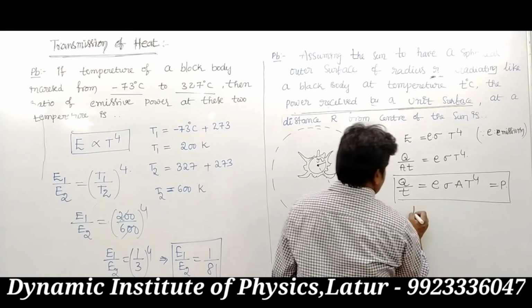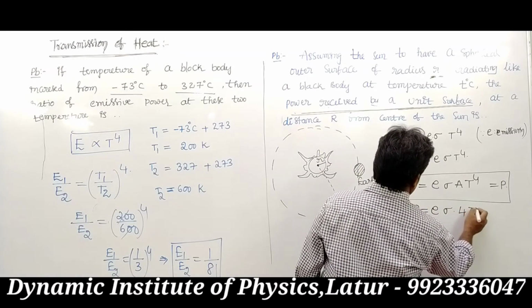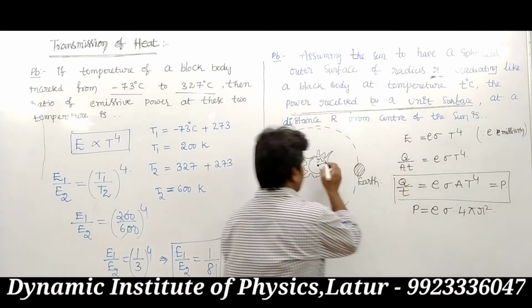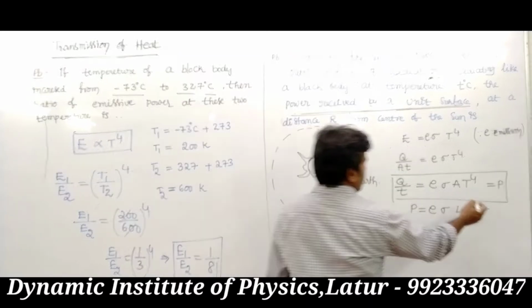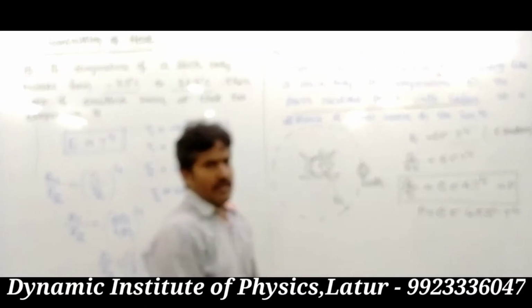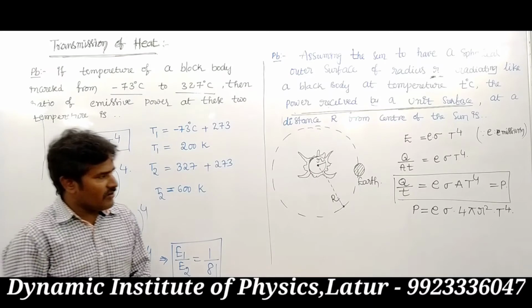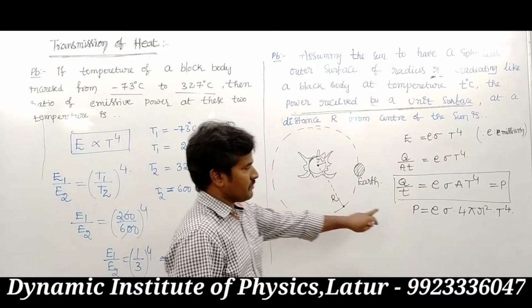This power is written as P equals E into sigma into 4 pi small r square, where small r is the radius of the sun, into T power 4. This is the power.